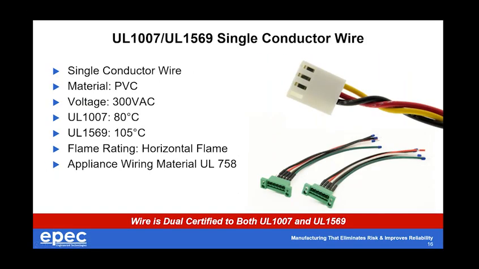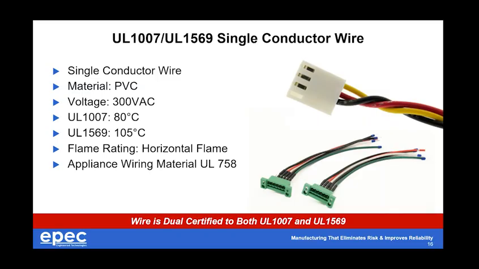So, as I said, PVC is likely our most common and widely used UL wire here. PVC is the primary material used for UL 1007 and 1569 single conductor wires. This is important because this wire is actually dual certified, meaning both UL specs are printed along the edge of this wire.